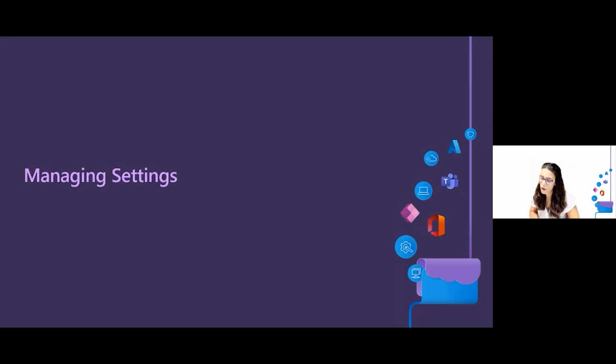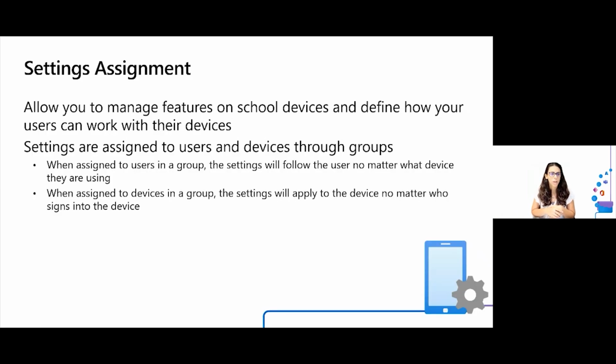Let's see how to manage settings of devices in a more specific way. And here, it's important to start by talking about how to assign settings and how to make sure our settings reach the devices that we want them to reach.